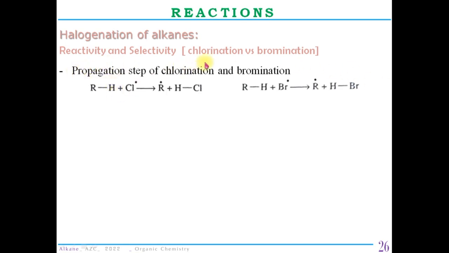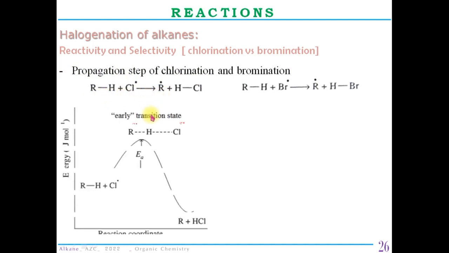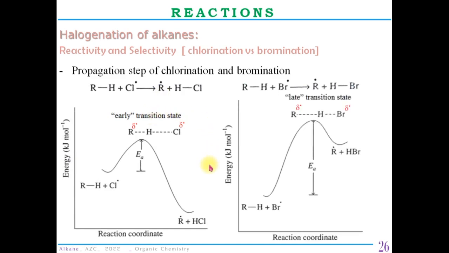Here we have two types of reaction, chlorination and bromination. We will see the propagation step of both, where alkane is converted into alkyl radical. Here are the chlorination and bromination reaction coordinate diagrams.